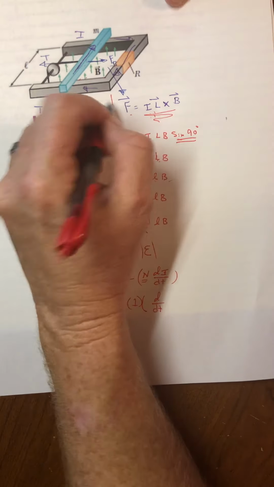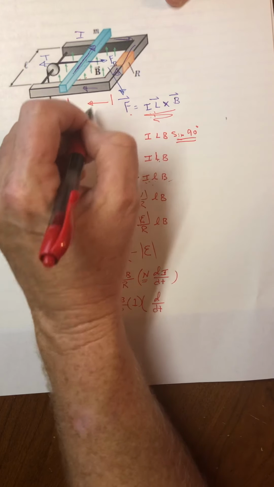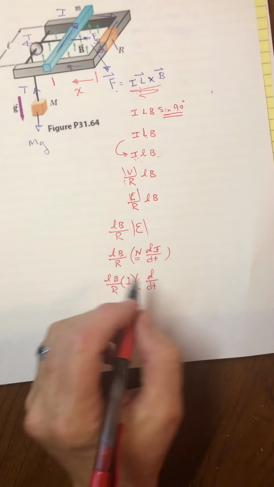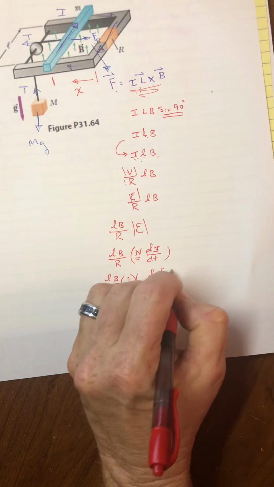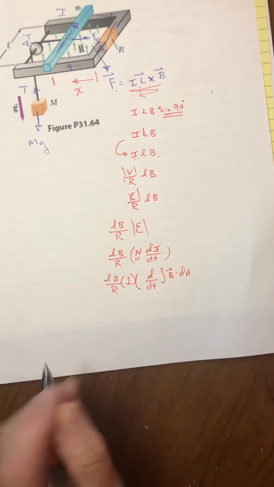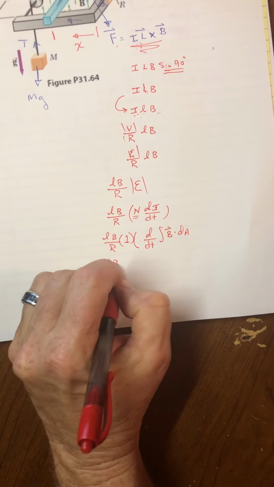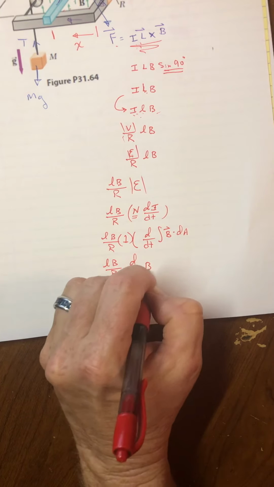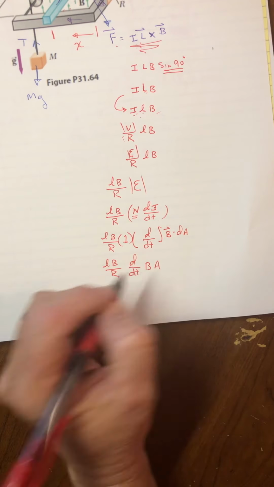If we called this distance out here to the bar x, then the flux, which is B dot dA, would then become the strength of the magnetic field times the area.